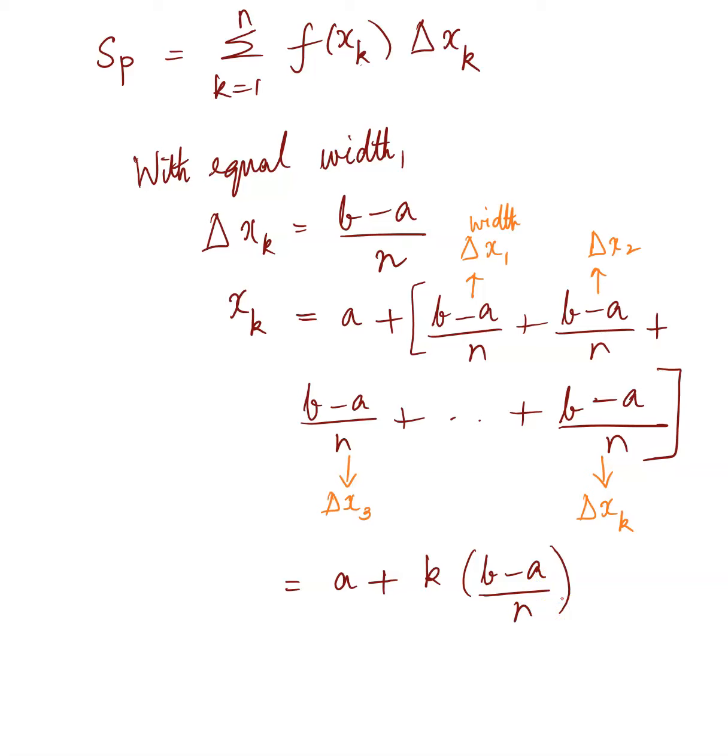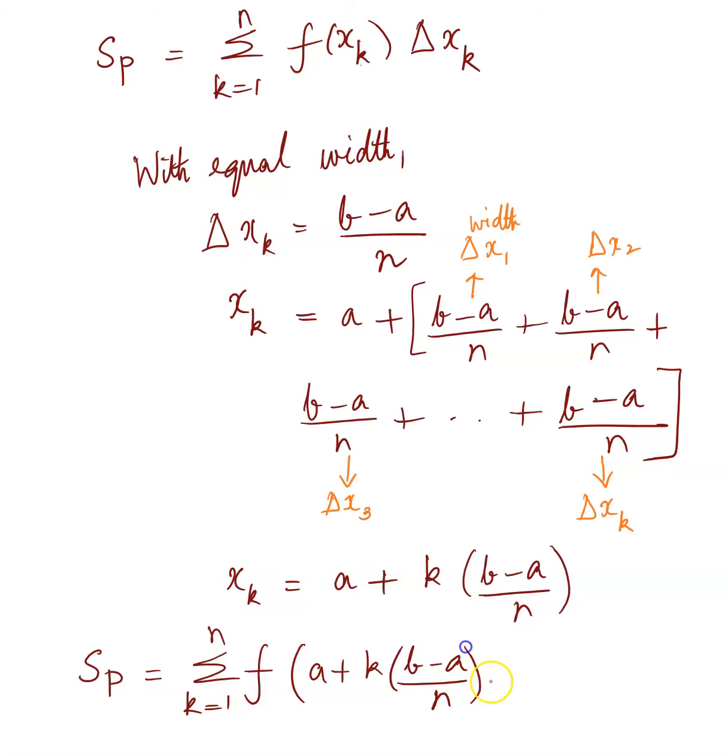So once you have that, we rewrite the SP: summation k 1 to n of f of, in the place of xk, a plus k times b minus a over n, times b minus a over n for the delta x. Delta xk will be b minus a over n.